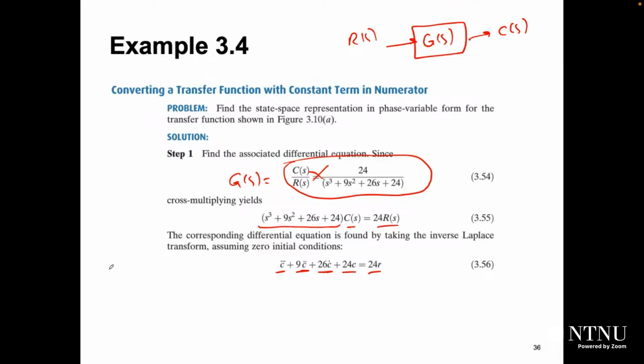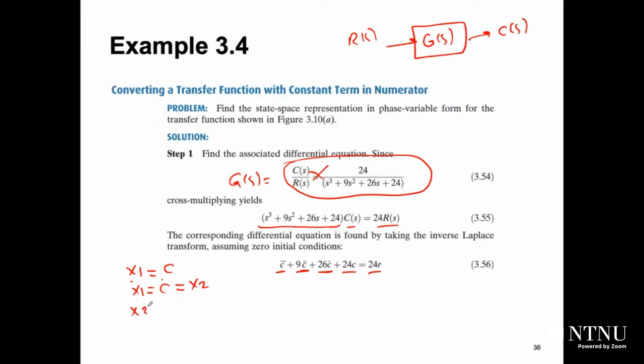So I can just assume my states. We need to give names to my states. I will say that my first state x1 equals c. Differentiate. So x1 dot equals c dot equals x2. Differentiate this one.